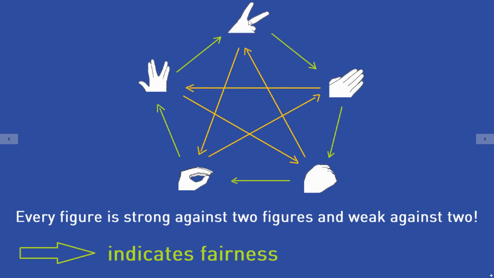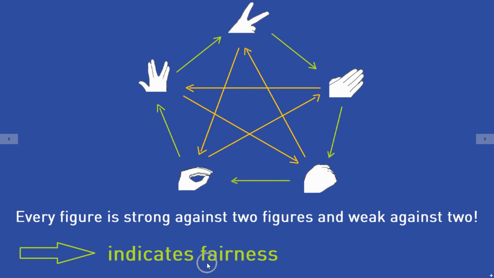Scissors is strong against paper and Lizard, but it's weak against rock and Spock. So every figure is strong against two figures and weak against two other figures.